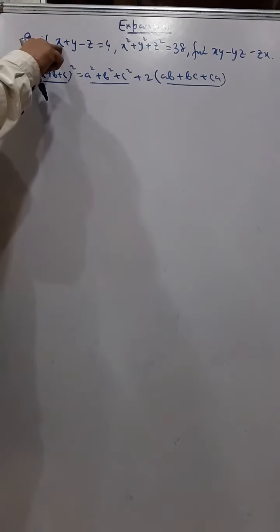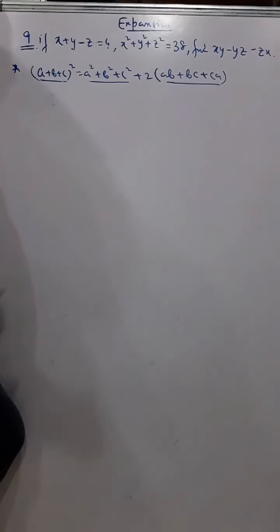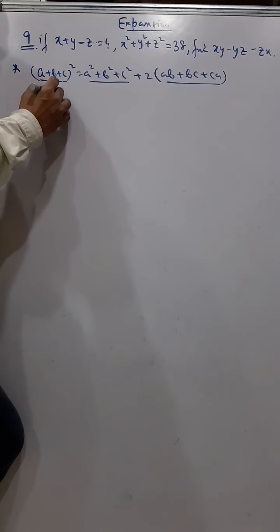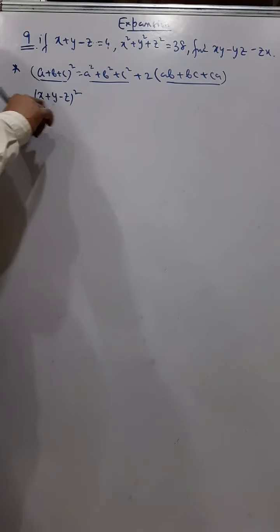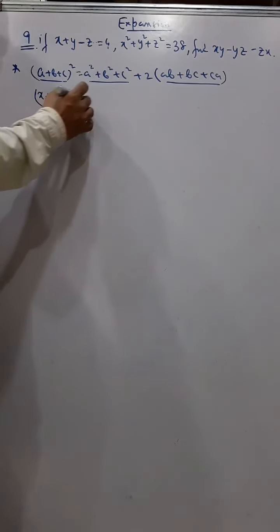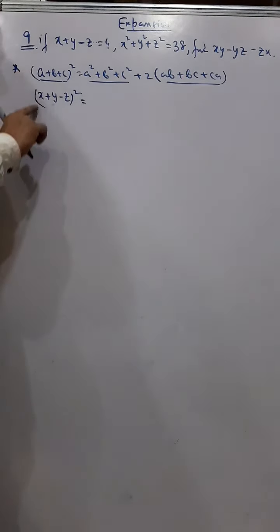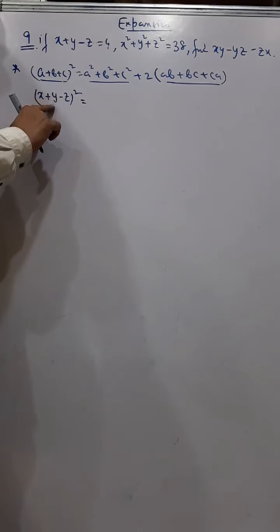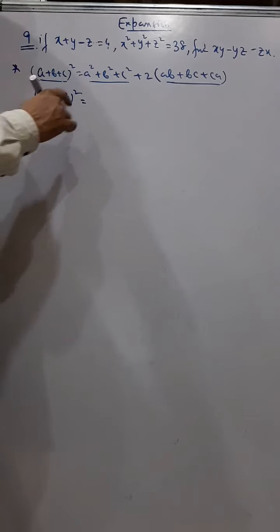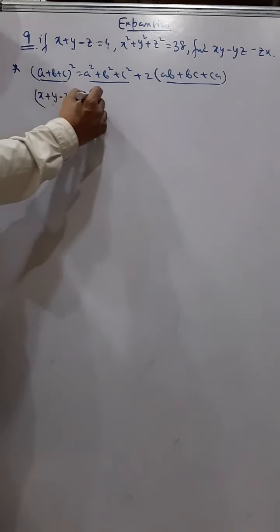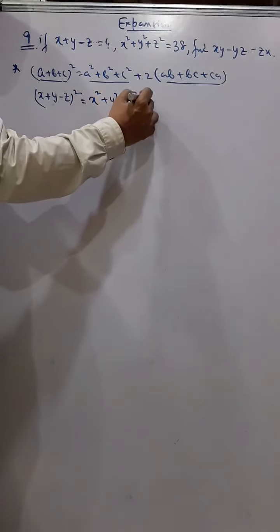Only now here I will think of a as x, b as y, and c as minus z. So when I get x plus y minus z whole square, I write the formula for this. Then in this same formula, in place of a I will put x, in place of b I will put y, in place of c I will put minus z. And I know the formula a plus b plus c whole square is equal to a square plus b square plus c square.